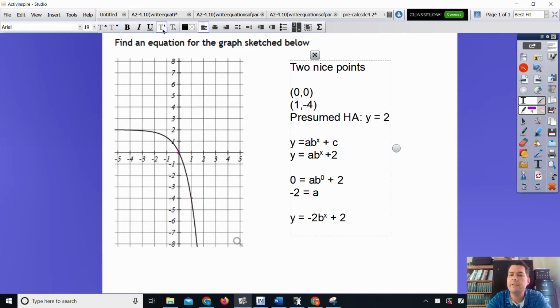So it's actually not that hard. You just got to find 2 nice points and you're golden. I was trying to work it out earlier when I didn't have 2 nice points and it really threw me for a loop. I'm sure it's doable. I just never done it. So -4 is -2 b to the first. That's nice. Glad it was to the first. Sometimes I do weird stuff like give you a 10th power or something.